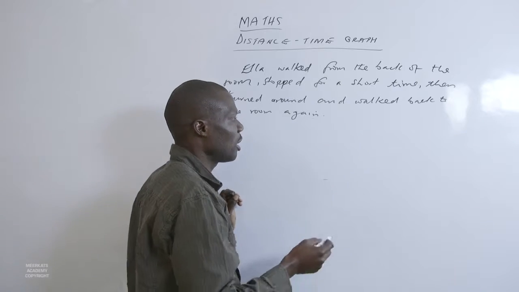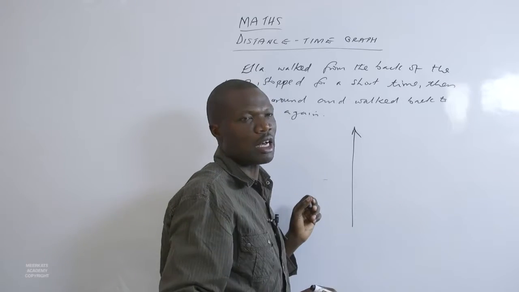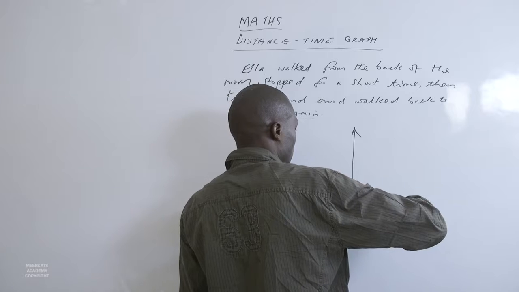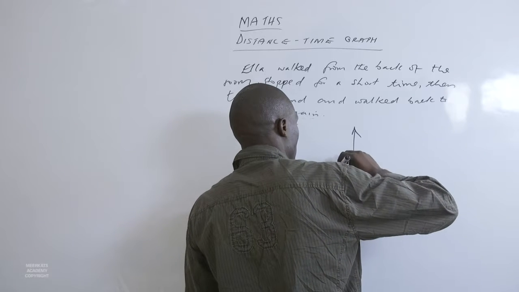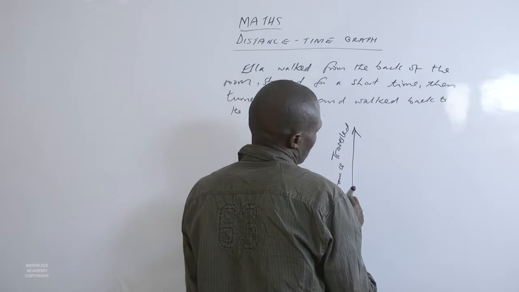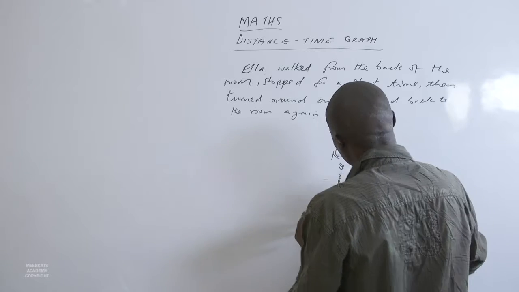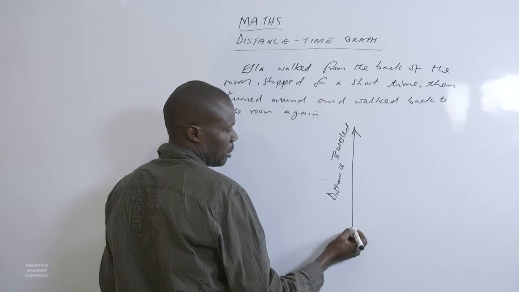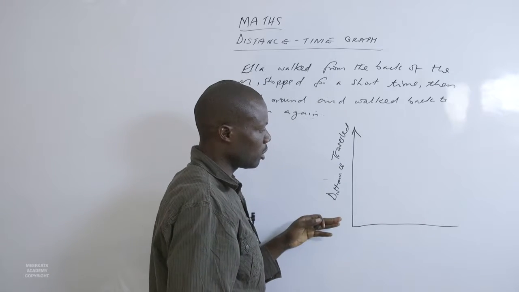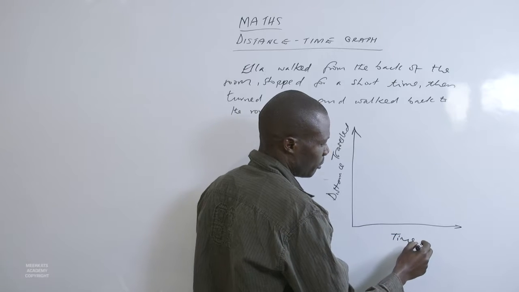Our graph should have the vertical axis, which we call what? The distance traveled, and the horizontal axis, we give it time.